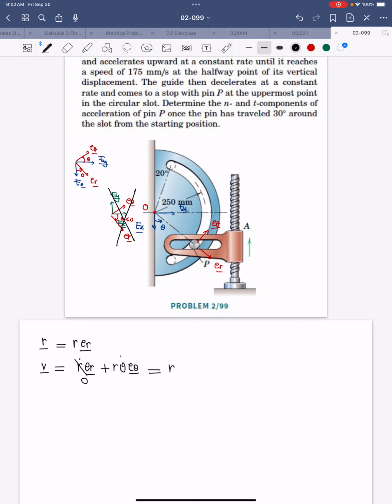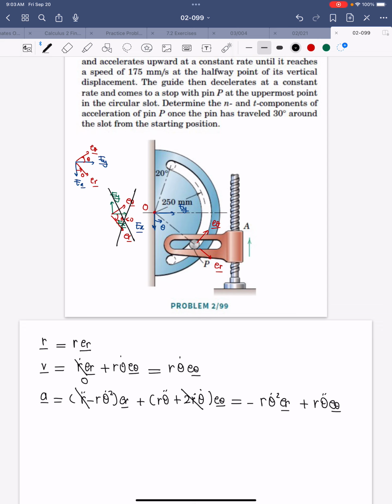So the velocity simplifies to r theta dot e_theta. And the acceleration, similarly, for r constant, these terms go away. I'm left with minus r theta dot squared e_r plus r theta double dot e_theta.